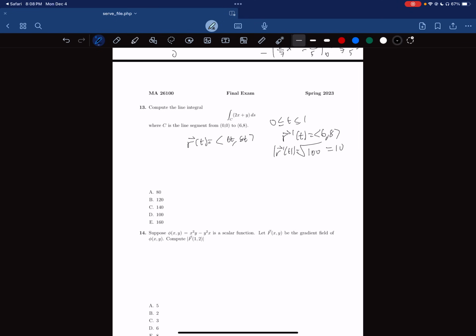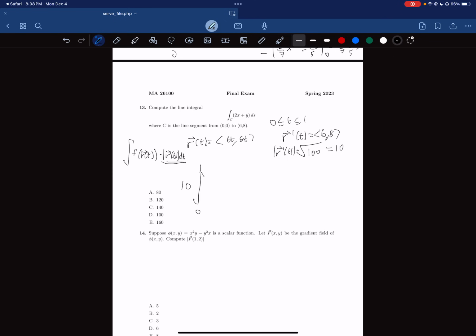Okay. So that just makes it very easy, I think, because the scalar here, no trig sub, whatever. And now we just have to plug in our parameterization. And don't forget to multiply by the 10. From 0 to 1, we do f of r of t times the magnitude of r prime of t dt.